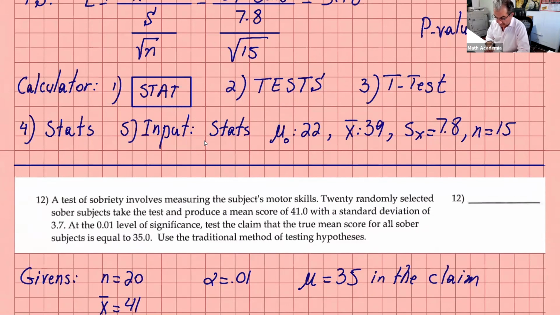At 0.01 level of significance, test the claim that the true mean score for all sober subjects is equal to 35. Use the traditional method.